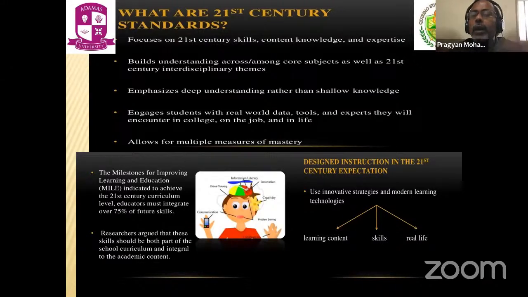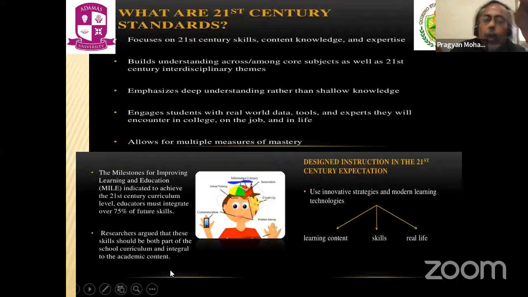So if we try to get the idea of the instruction pattern that is to be provided by the teacher to the student in the 21st century, what are the different elements of the instructions? Three parts: learning content, which is directly focused on the course standard; skills; and third, connections of the skill and learning with real life situations.